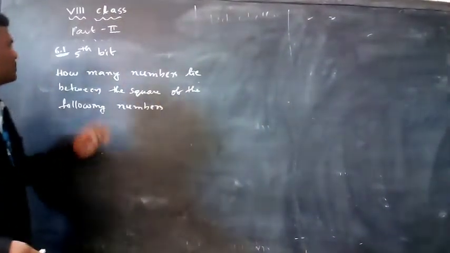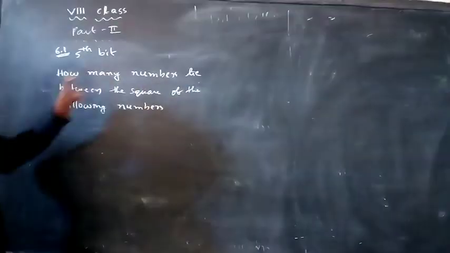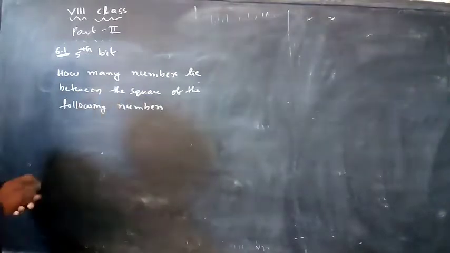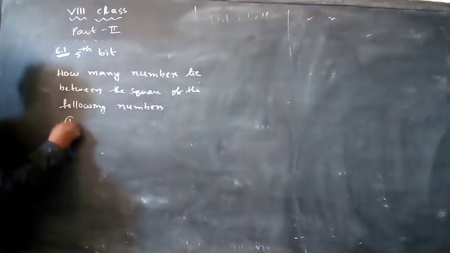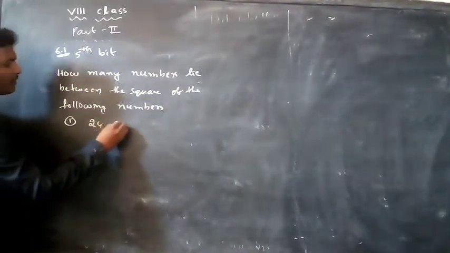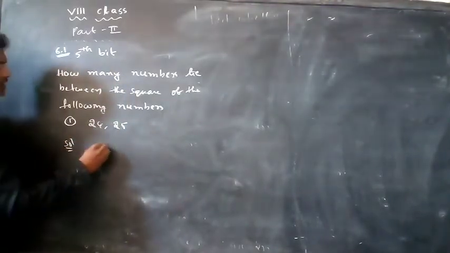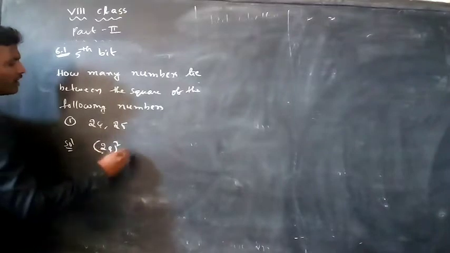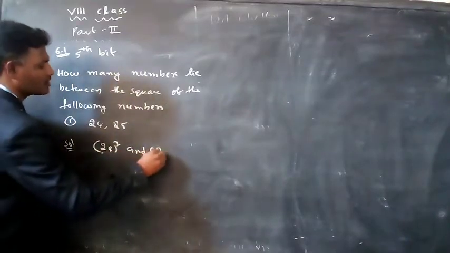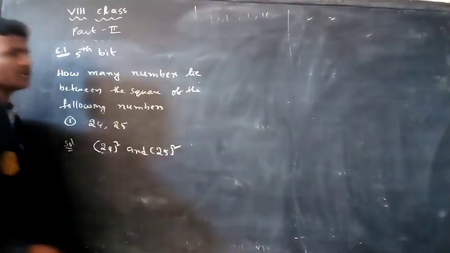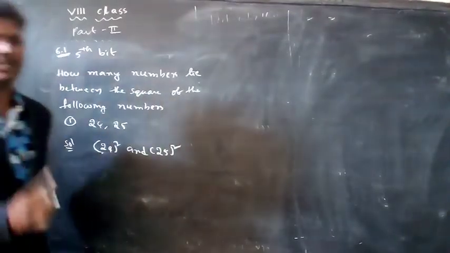So students, here are some more questions on this concept. How many numbers lie between the squares of the following numbers? What is the first pair? 24, 25. Solution. It means 24 whole square and 25 whole square. Between these two numbers you have to find how many numbers there are.